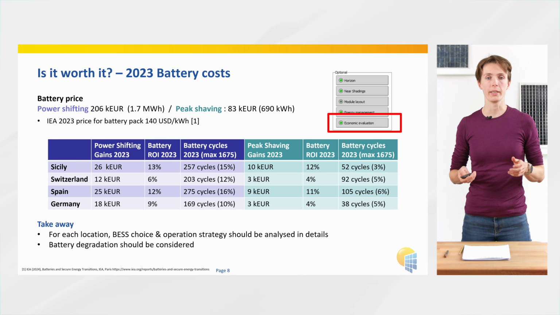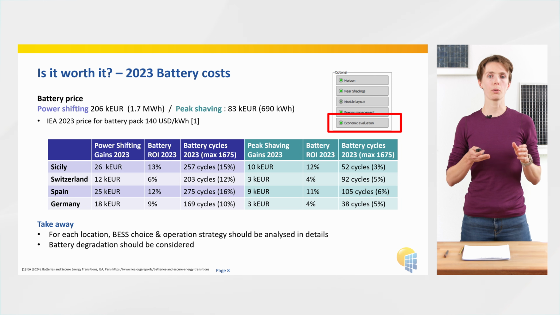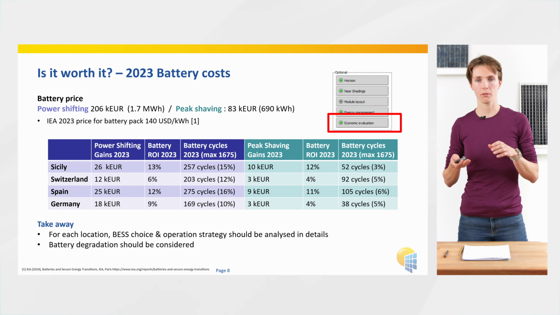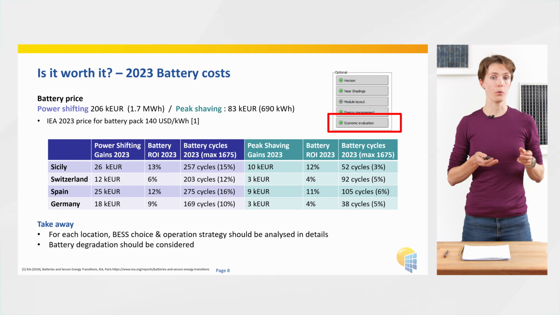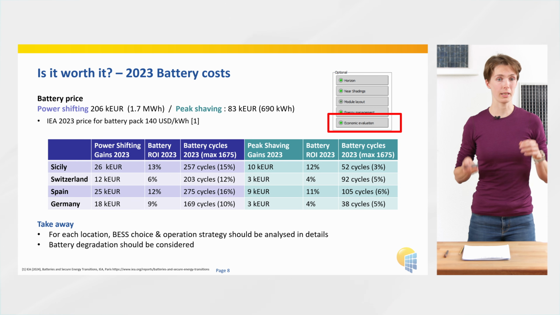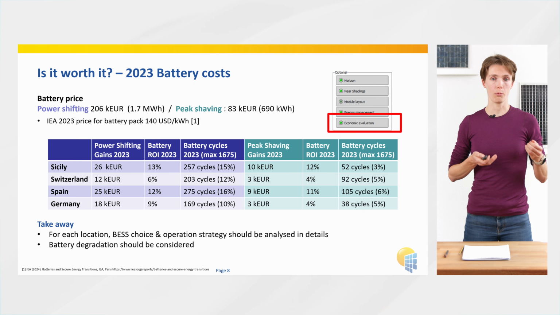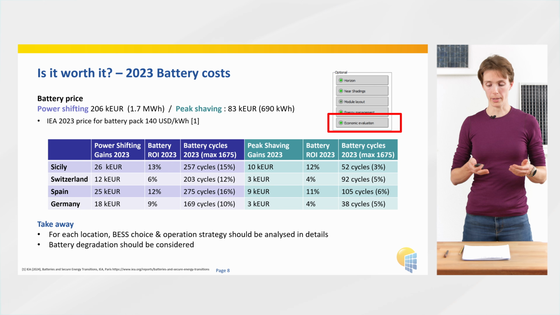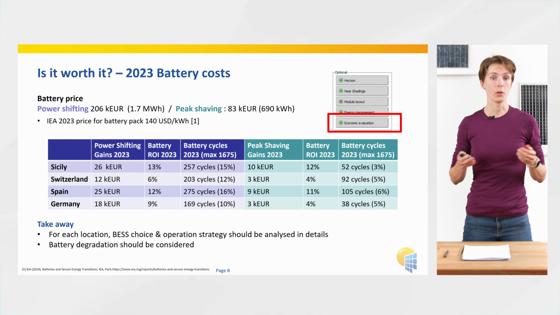It's the battery degradation. In PVsyst, you can have a look at the number of battery cycles or state of wear. If I take this data into account, it paints a bit of a different picture. If I compare the number of cycles, from 52 cycles in 1 year for peak shaving in Sicily, up to 275 cycles in Spain for the power shifting strategy, I get a rather different conclusion, since my battery, in the case of power shifting, can degrade much faster.